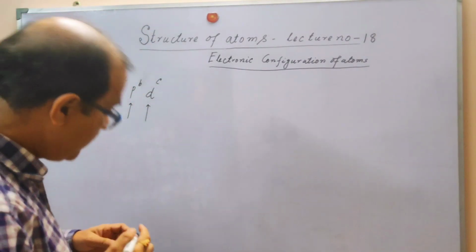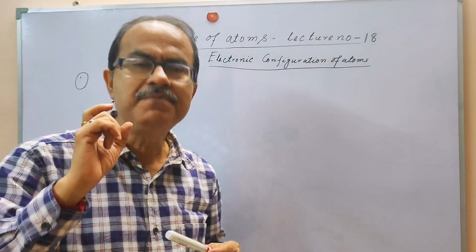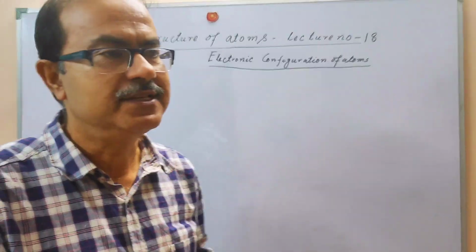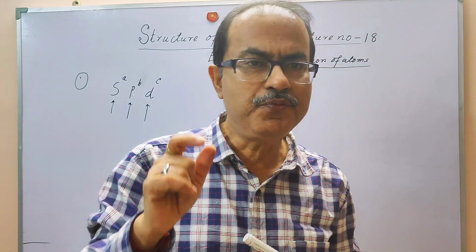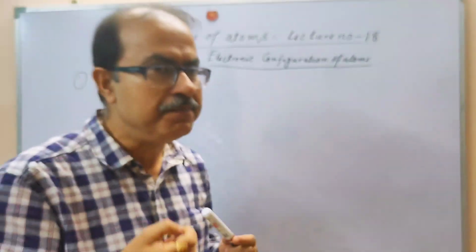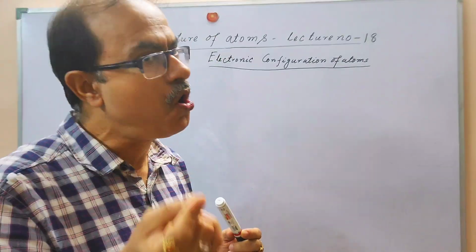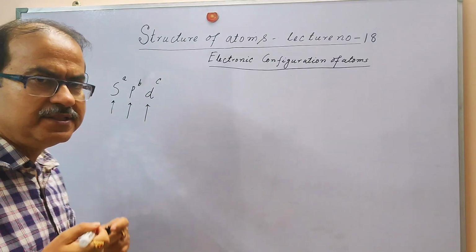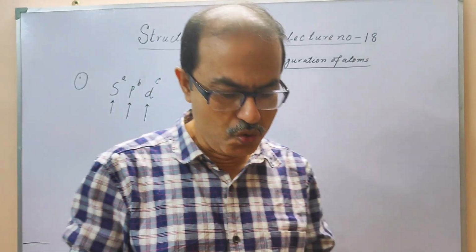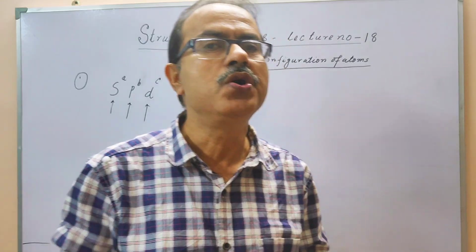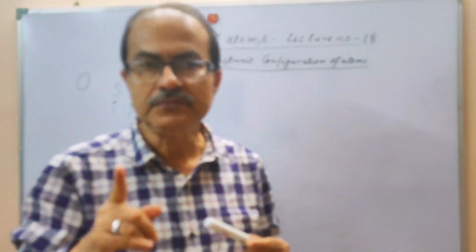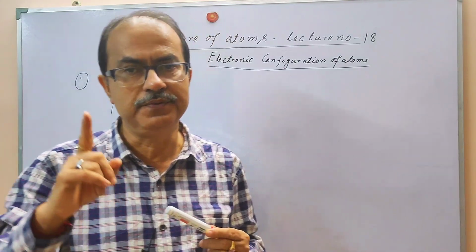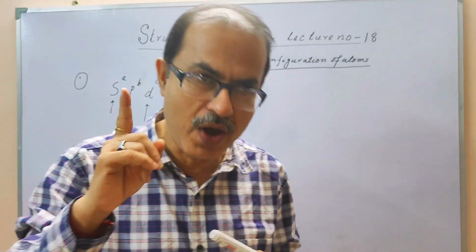And to differentiate the same subshell in different shells, you have to put the principal quantum number of that shell. Suppose it is in shell number 1, you have to give the principal quantum number of that shell, number 1 means 1.